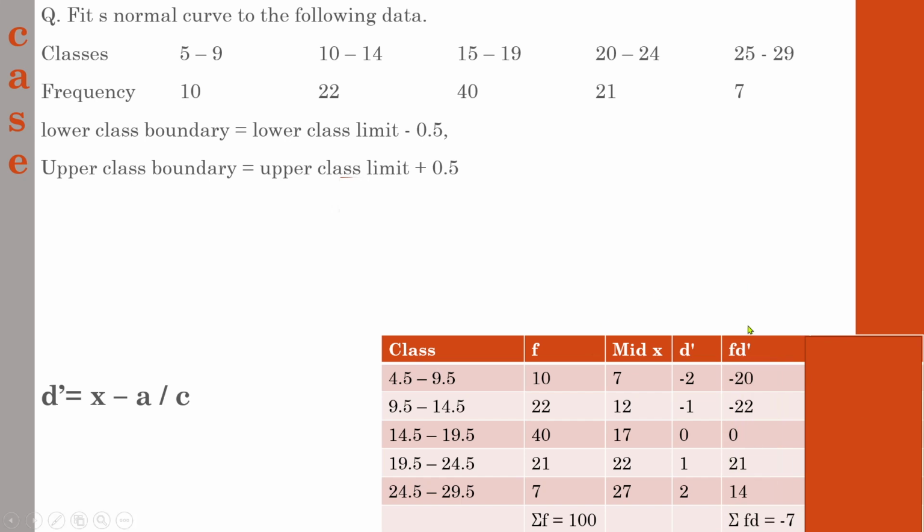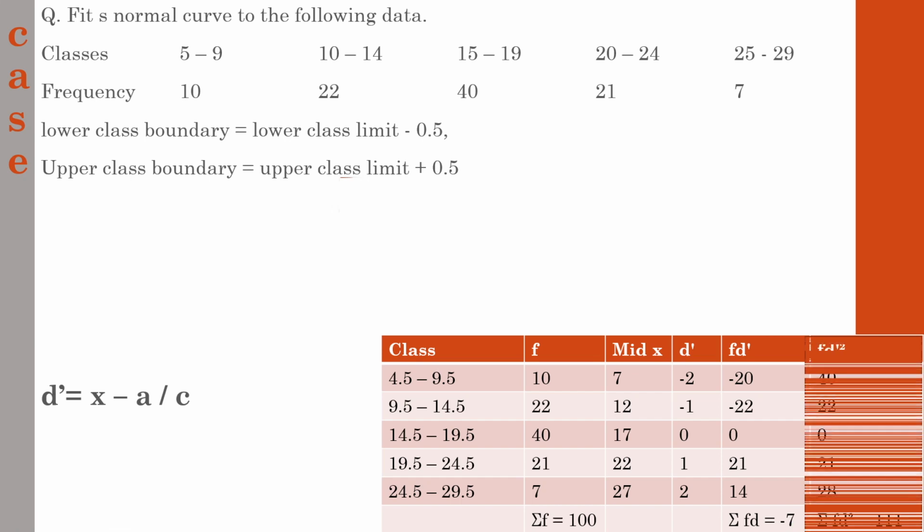Next one, fd dash. fd dash means you need to multiply the frequency with the d dash, and you will get fd dash. So 10 into minus 2 is minus 20, 22 into minus 1 is minus 22, 40 into 0 is 0, 21 into 1 is 21, 7 into 2 is 14, and you need to take the total of fd dash, you will get minus 7.